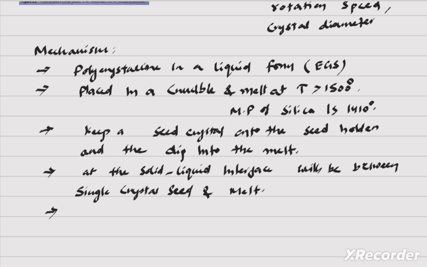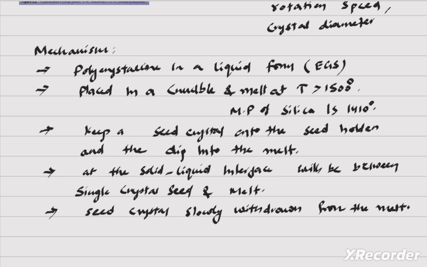Now this seed crystal is slowly withdrawn from the melt. This single crystal may be of, for example, 100 or 111 direction.